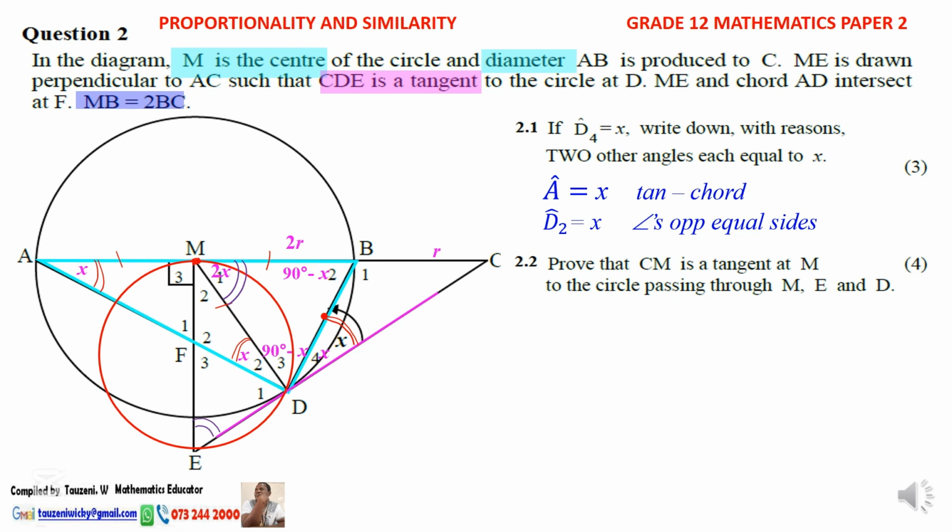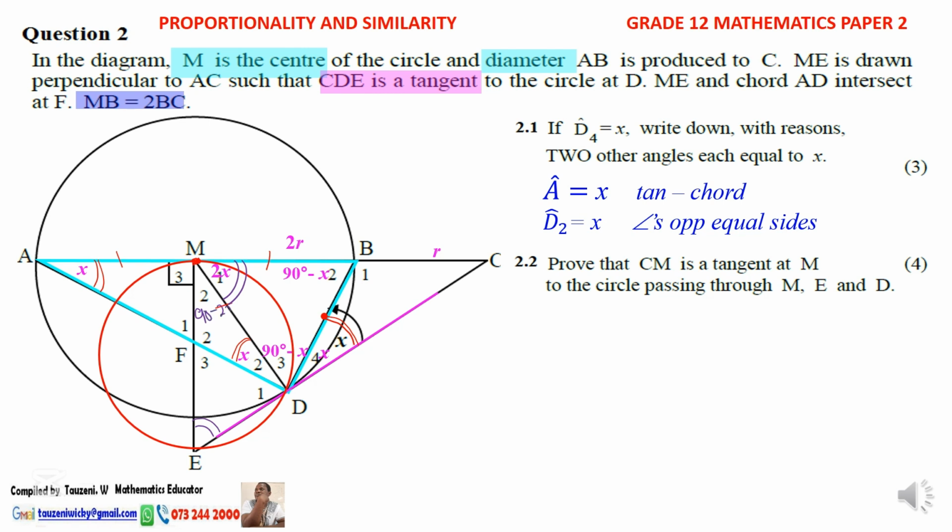Now, with everything that we have done so far, angle M1 and M2 combined are equal to 90 degrees. Since M3 is equal to 90, it follows that M2 plus M1 combined also equal 90, which means M2 must be 90 minus 2x.